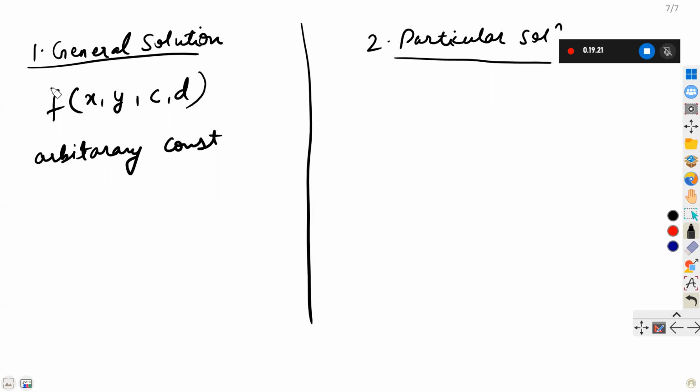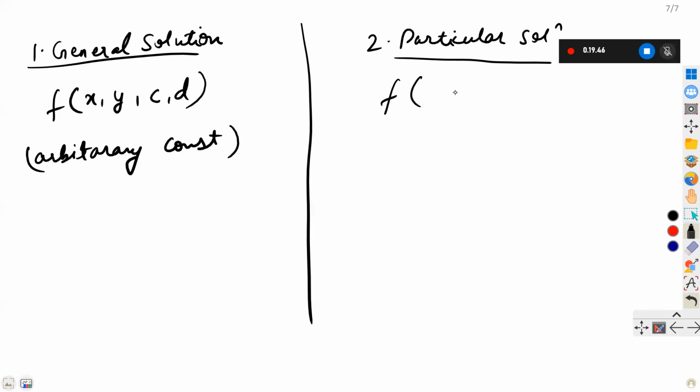So whenever we have arbitrary constants in our solution of the differential equation, we say that the solution is a general solution. Otherwise, if we are given some conditions and we are able to determine what exactly the value of that constant was, then we say that the solution we acquired is a particular solution.